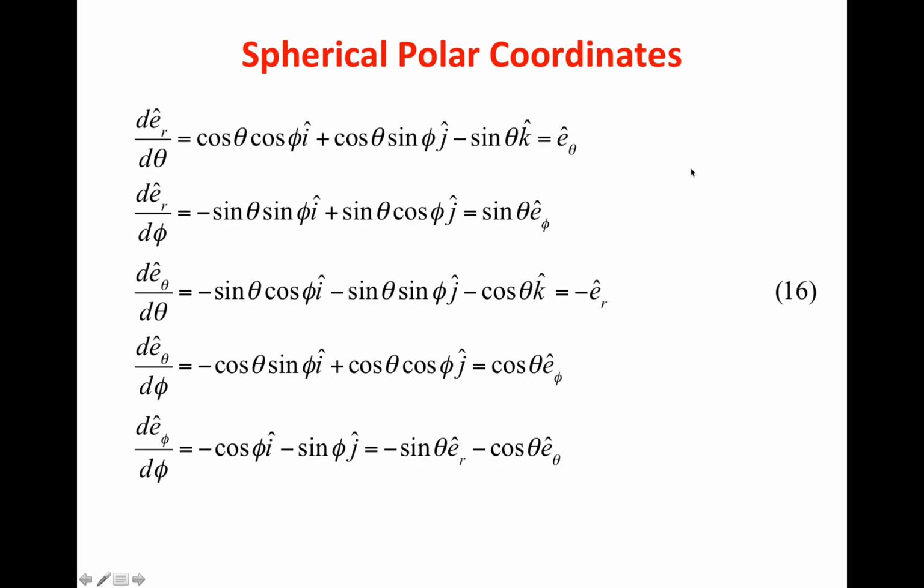What we observe is that if I take the rate of change of the unit vector in the direction of the radius with respect to theta, I get a unit vector in the direction of theta, whereas if I take it with respect to phi, then I also get this factor sin theta. So, this is a scaling factor sin theta, and of course the direction is e_phi cap, and similarly you can see for the other derivatives also.